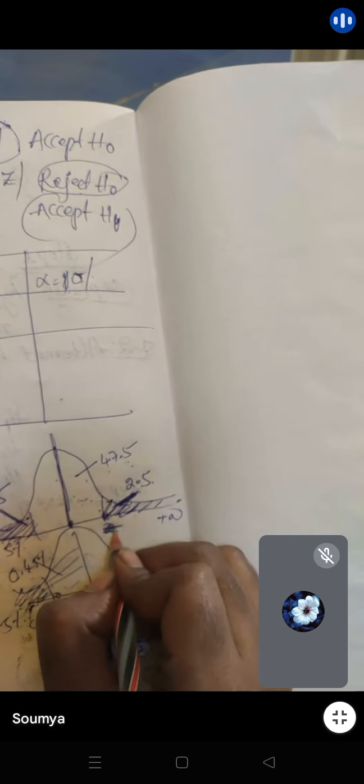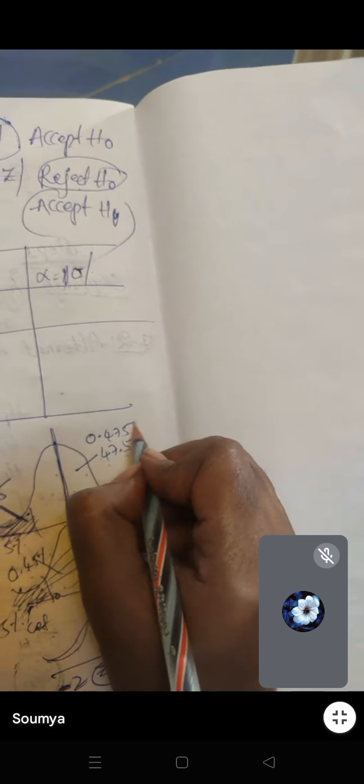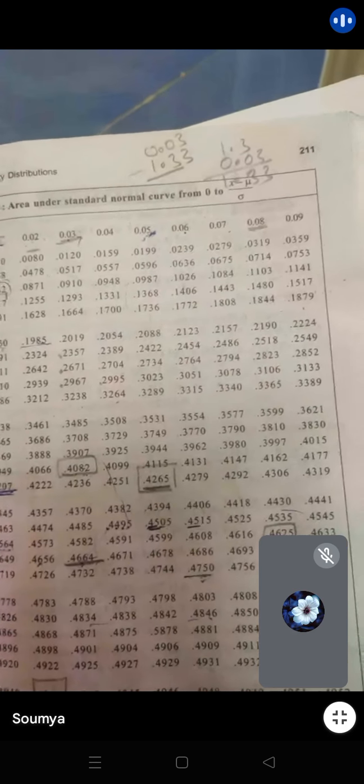Now tell me what is the value of Z? 47.5 means? Now look at the table and tell me where it is 475. 1.89? Can you tell me the value of this one?